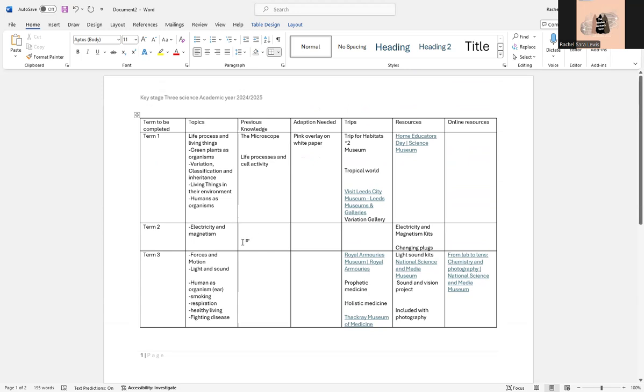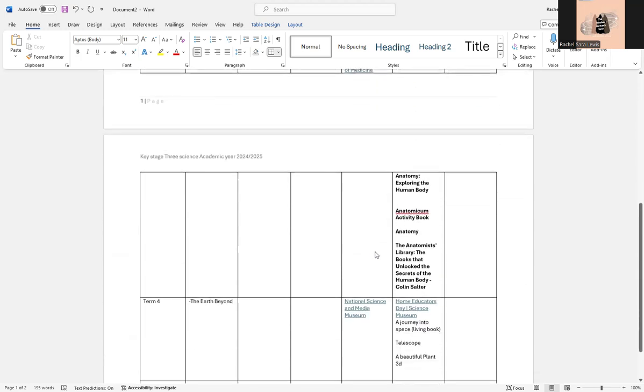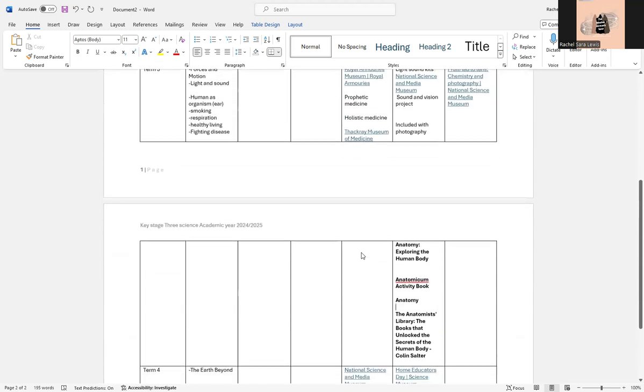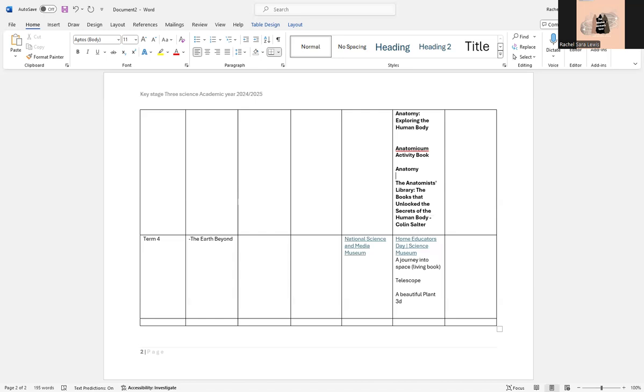Electricity and magnetism. I still have to work out where our trips are going to be for that, because I try and do at least 1 or 2 trips for each of the topics that we're going to do. One of the other ones that I really want to do with my children this year is the planetarium.